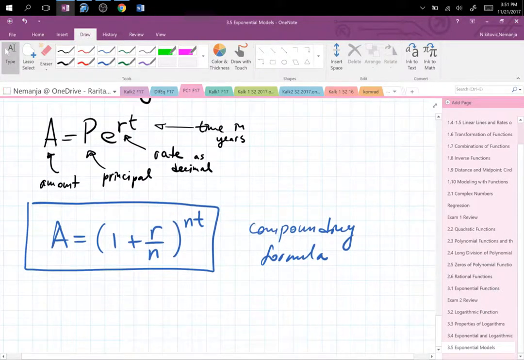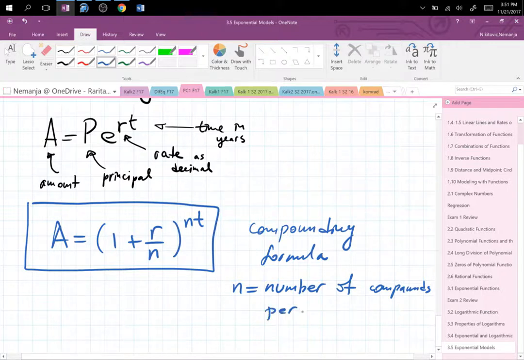And this compounding is done to this value n, where n is the number of compounds per year. And then you ask, what is compound? Compound means calculations to add interest.